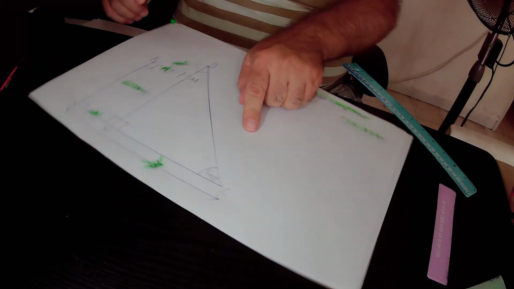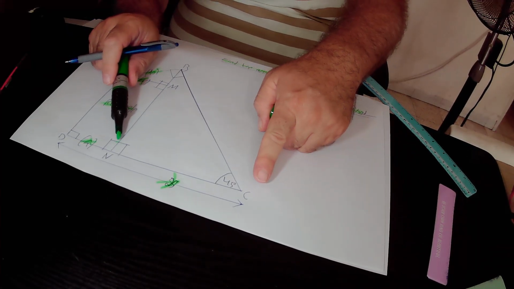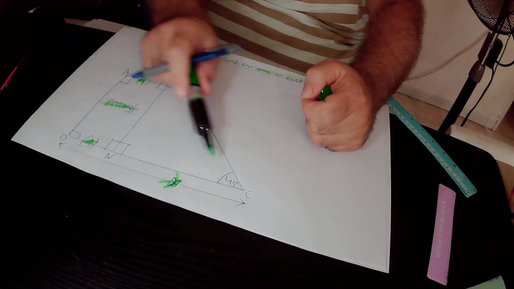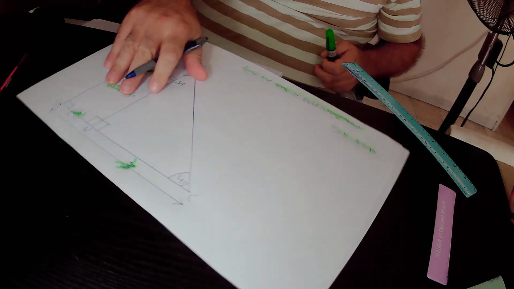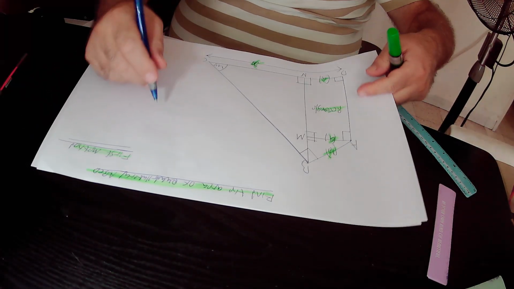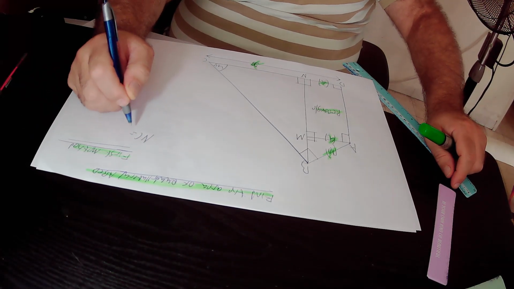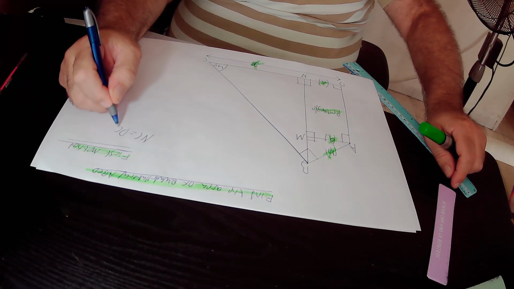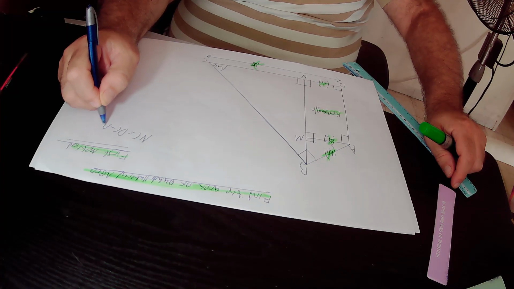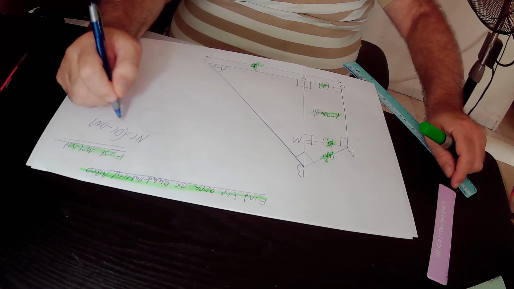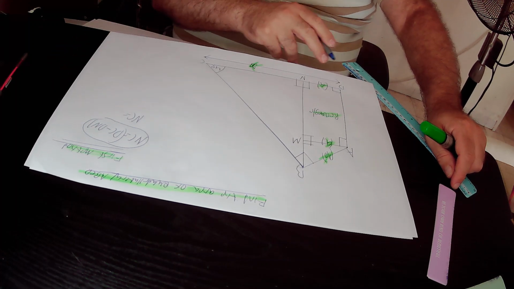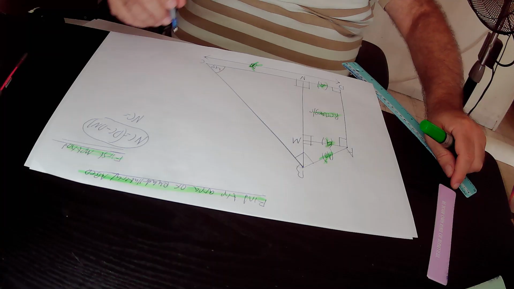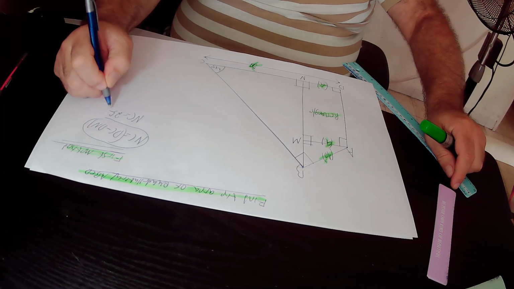What is the length of this missing line segment NC? NC equals DC minus DN. So NC in total equals DC, which is 25 according to what is given in the question, minus DN.